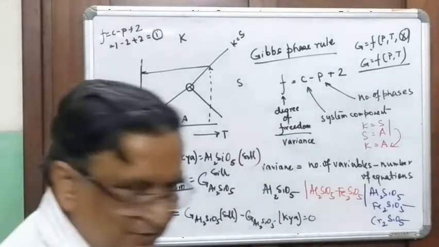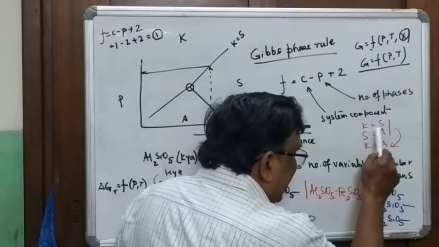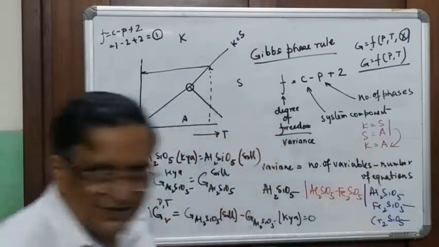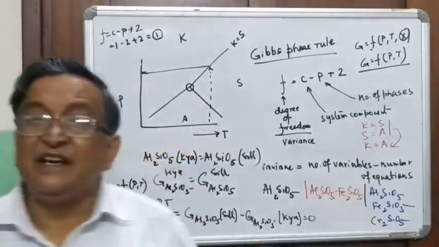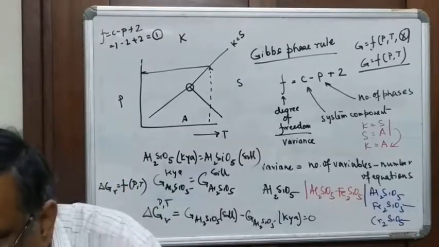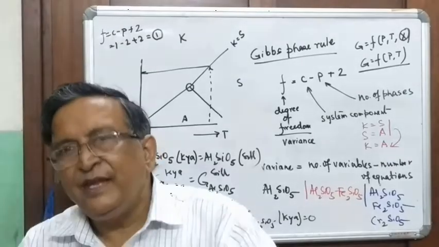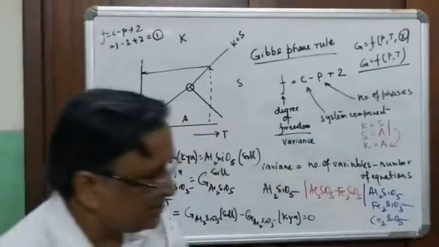Have you understood? So this equation here is a derivative. It is not an independent reaction. It is an algebraic addition of 2 equations.